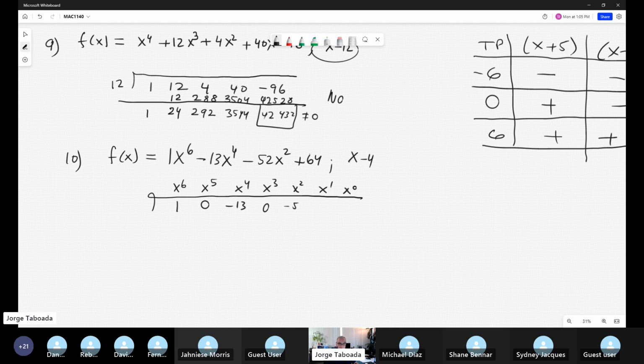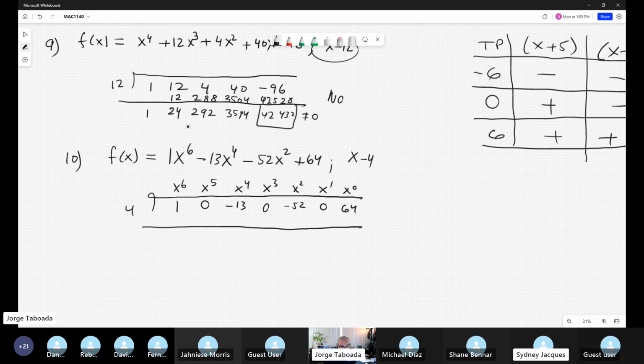Minus 52, and the linear degree 1 is also missing, then 64. And you put here positive 4. Do you understand this idea or no? Okay, so let's do it in synthetic division. It's important, guys: if one value is missing in the format of synthetic division, you declare it as a 0.